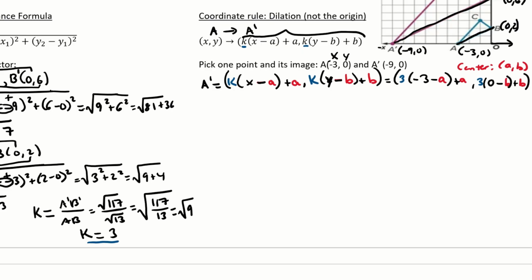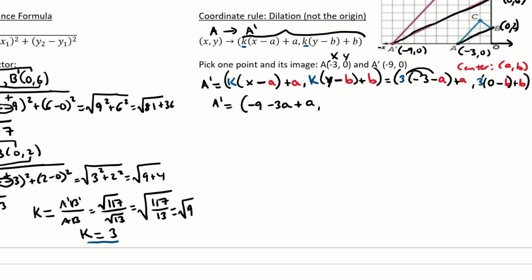Let's clean this up a little bit. So we get A prime is equal to distribute this and all that good stuff, okay? That's going to be negative 9, 3 times 3, and then 3 times negative a is negative 3a, and then plus a.